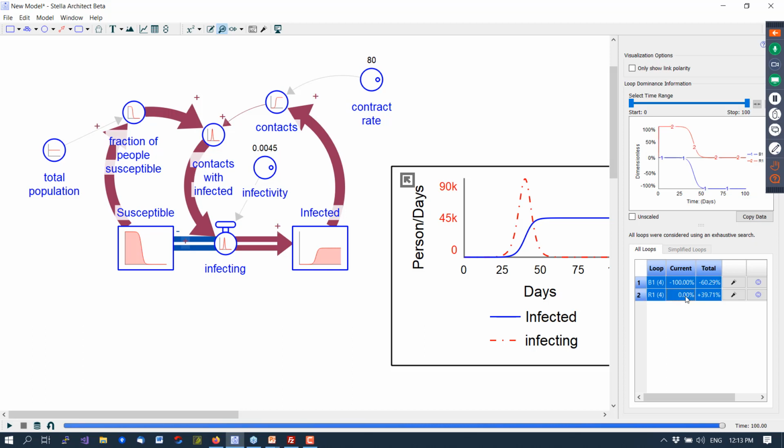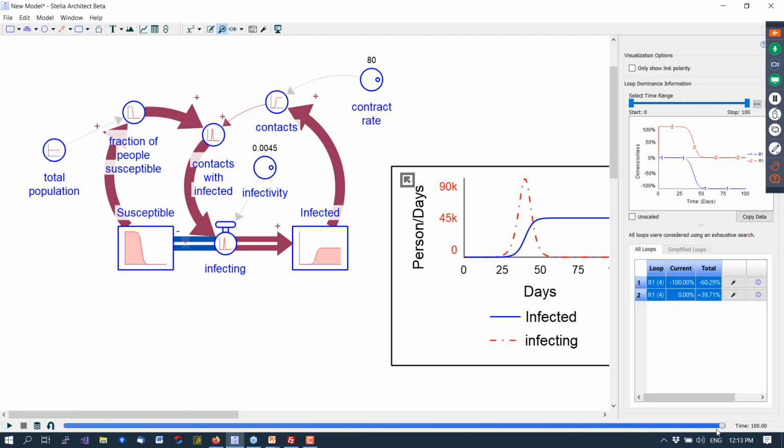And if we look over in the loops panel, we can see the 2 loops. First of all, the reinforcing loop is very big, and then it starts to go away. And when it starts to go away, the balancing loop, which was basically not doing anything at first, comes into play, and it becomes bigger. And because it's balancing, it has a negative number here, and the reinforcing loop has a positive number.